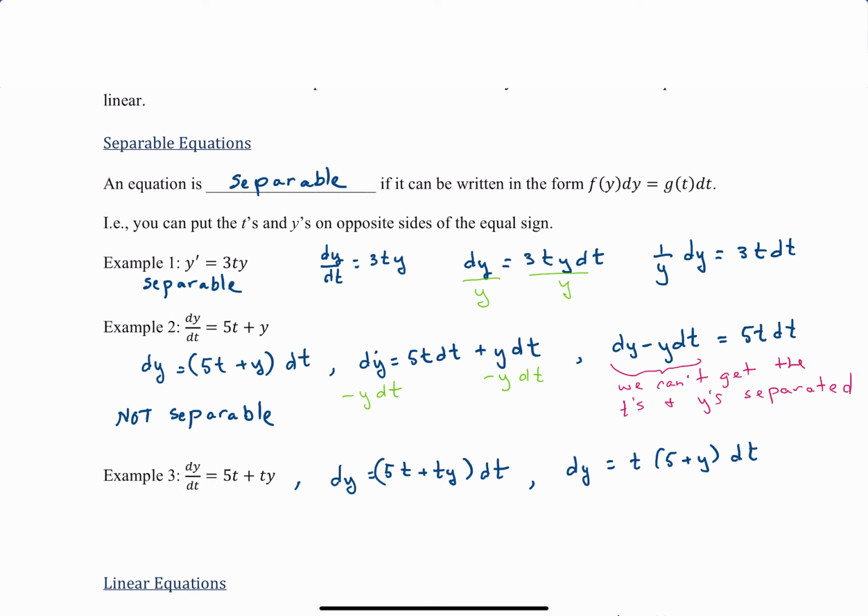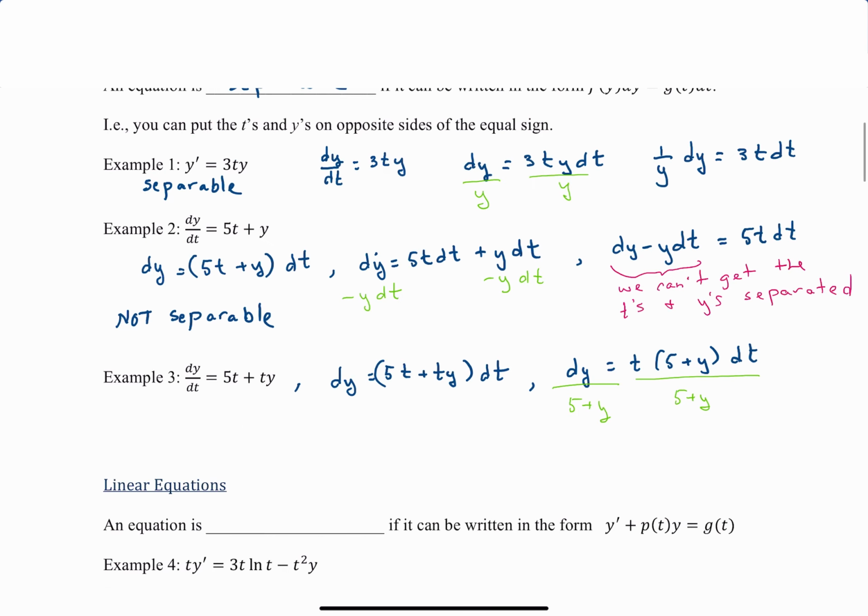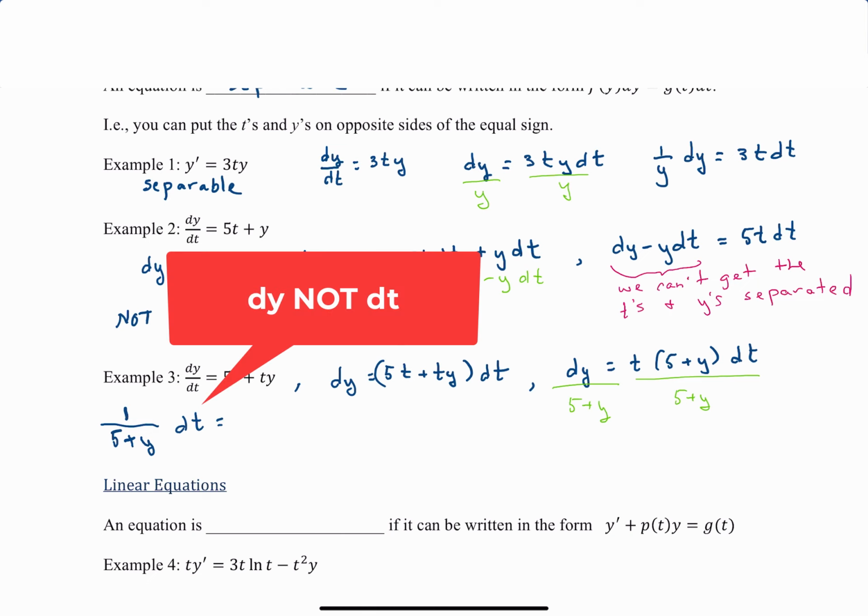And now, if we divide both sides by 5 plus y, we have in fact separated the variables because we have 1 over 5 plus y dy equals t dt. So this one is separable.